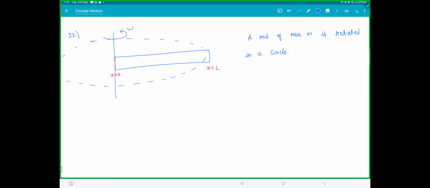So a rod of mass m is rotated in a circle with omega. You can neglect any gravity here.